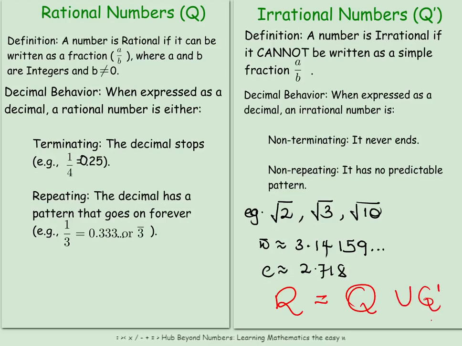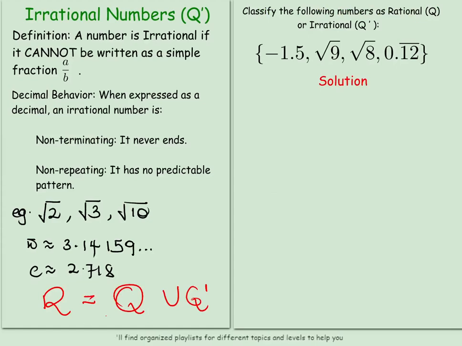So with this said, let's look at some questions and see how best we can understand these concepts. For this first question, we have to classify the following numbers as rational or irrational. Just classification. Now the first number is negative 1.5.